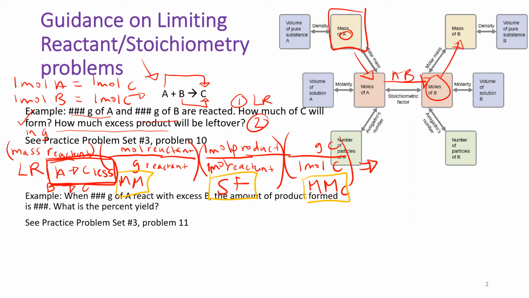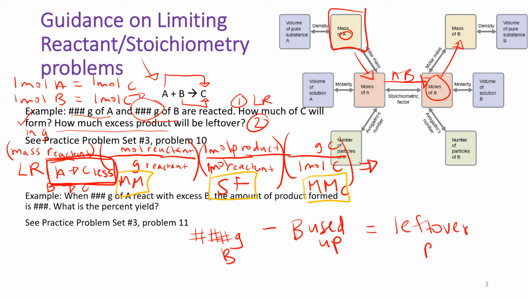That will tell you how much B you used up, and then however much B you used up, you can subtract that from your original starting amount of B. That will give you leftover B. So it's a very similar setup to the one we have here.